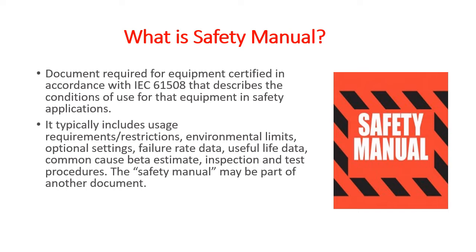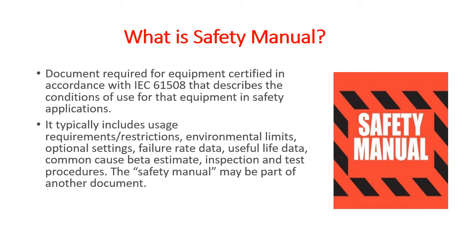The safety manual may be an independent document or it may be a part of other documents. It typically includes usage requirements, restrictions, environmental limits, operational settings, failure rate data, useful life data, common cause beta estimate, inspection and test procedure.